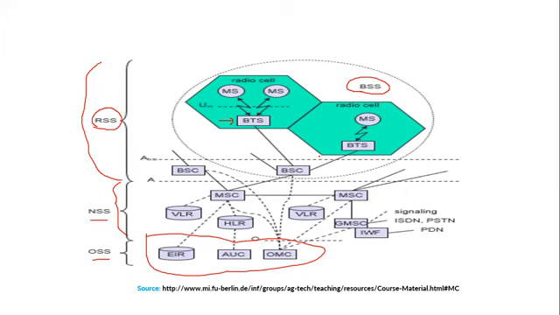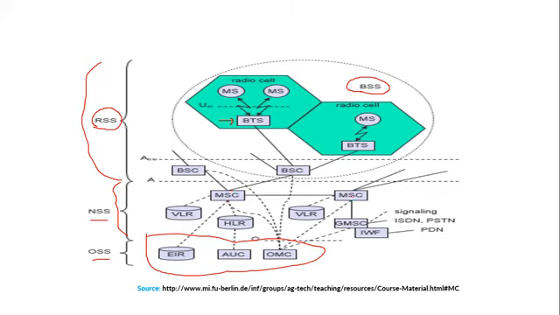Like that, there will be several BSCs, and each BSC will manage one base station subsystem. And all BSCs will be controlled by an MSC, which is the Mobile Service Switching Center.